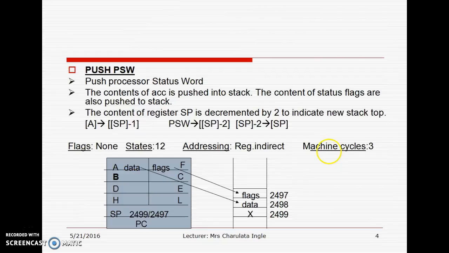In a similar way, there is a PUSH PSW instruction. PUSH PSW stands for push the contents of the processor status word to the stack.